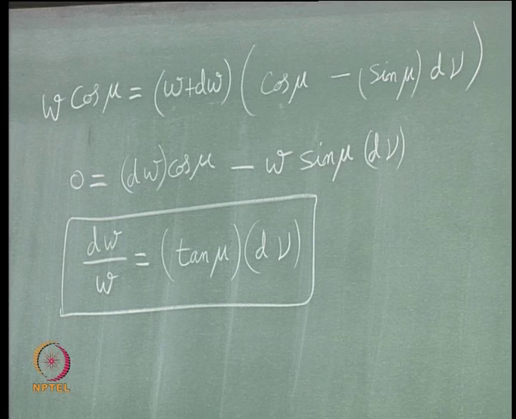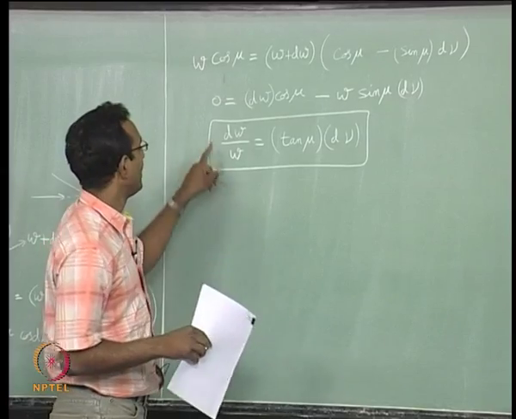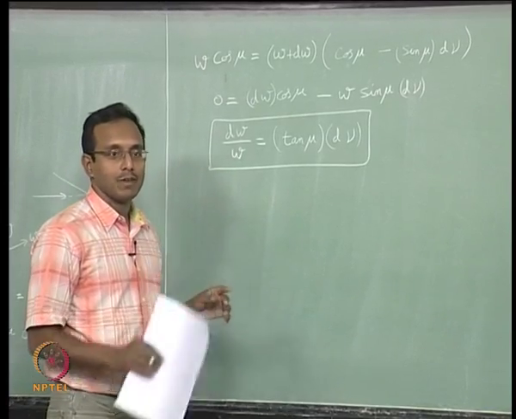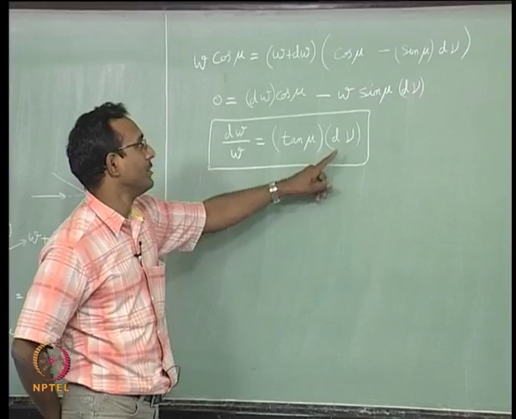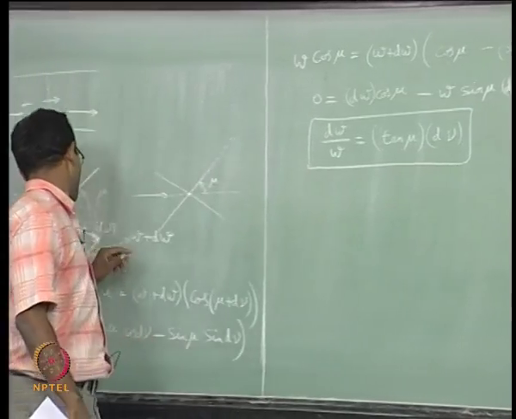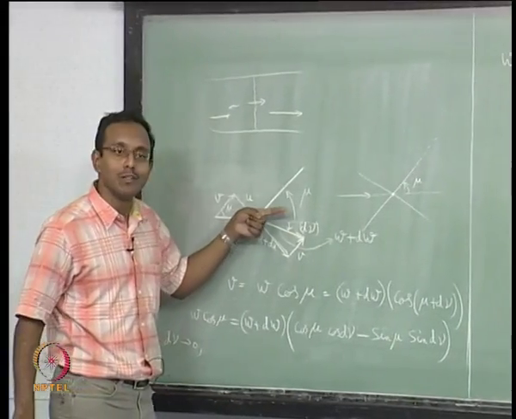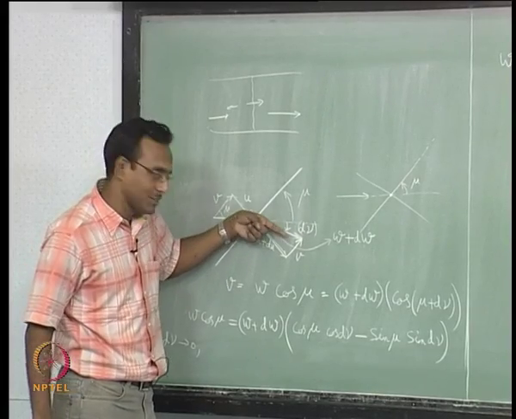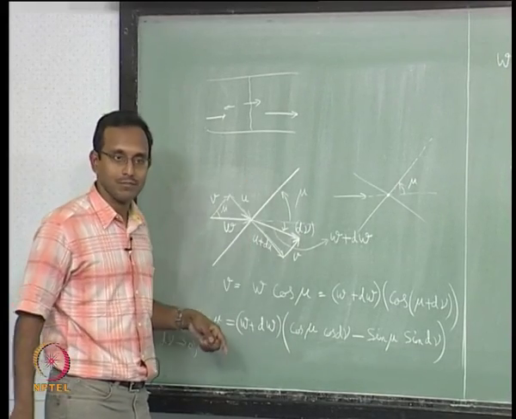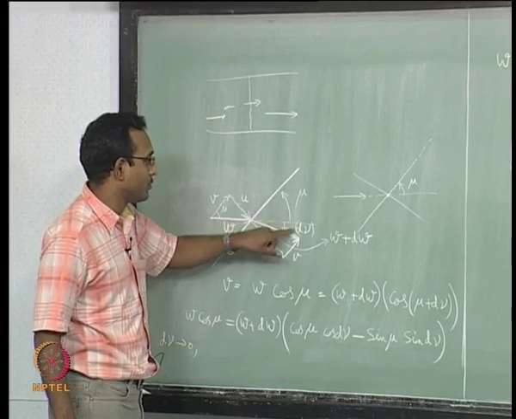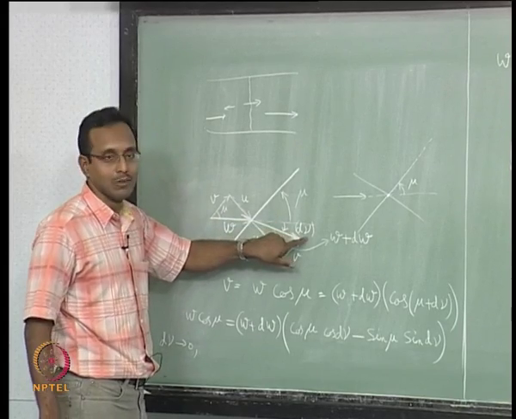What does this tell me? If my d nu is positive, I am going to say that my dw is positive. My flow will accelerate if my d nu, the way I chose it, which is here, I have chosen it to be going below the horizontal. If it goes like this, then it will be positive. If I chose d nu to be negative, now I give it a negative value, what will happen?